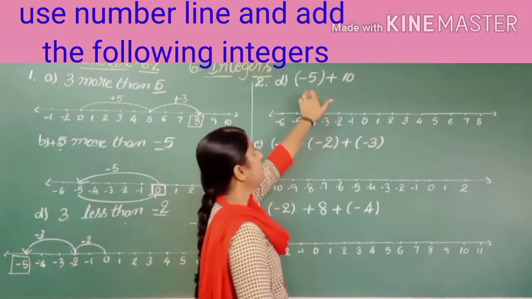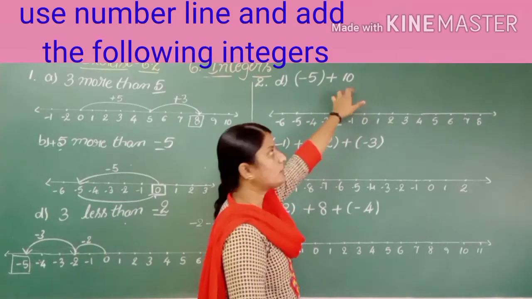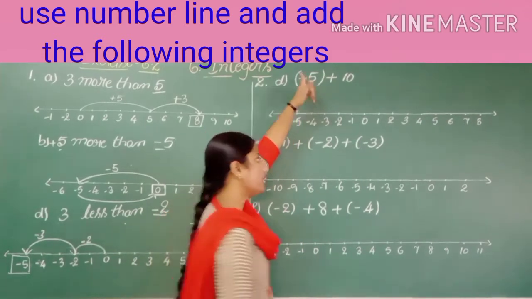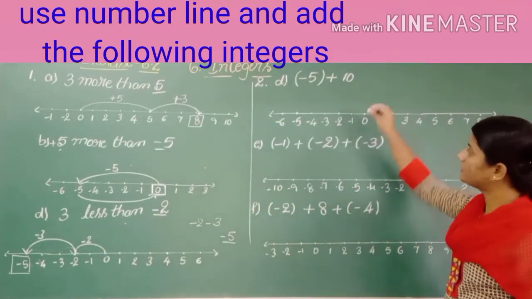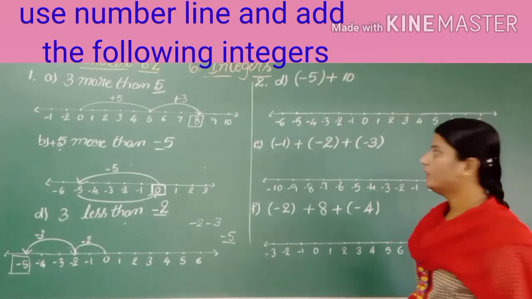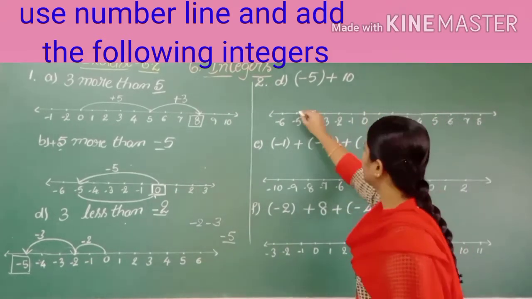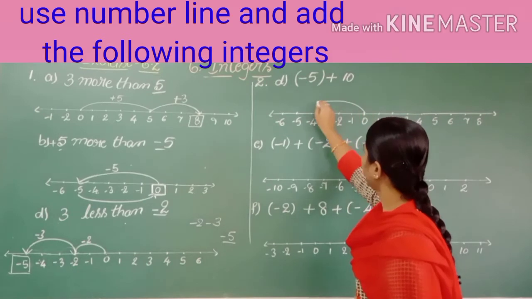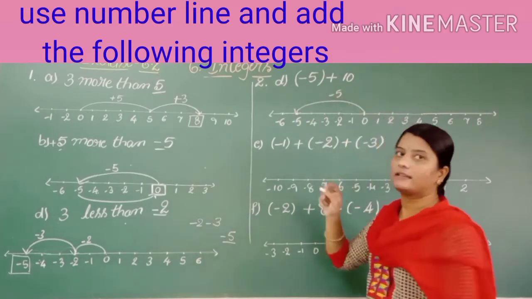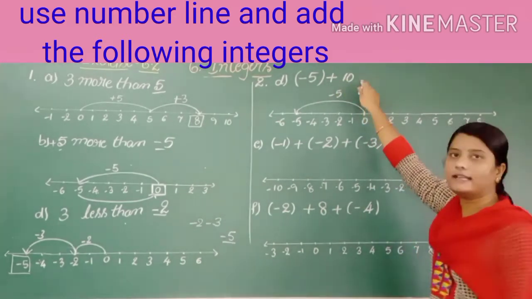Minus 5 plus 10. First we have to mark the negative integer 5. From 0 to 5 steps we have to move to the left of the number line. So here 0 to 5, it is minus 5. Then plus 10.